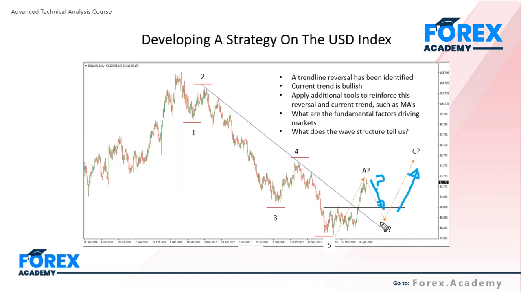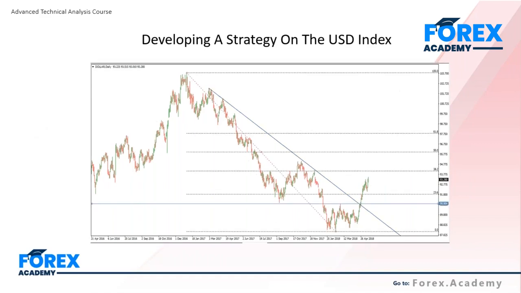Therefore, if we see the decline in price action, do I want to get involved in that move? Or do I wait for this area to try and capture an early entry for the trend higher in wave C? That'll be up to each individual trader to determine with respect to their trading preferences. Okay, so we have a possible future map for the way in which price action is likely to trade.